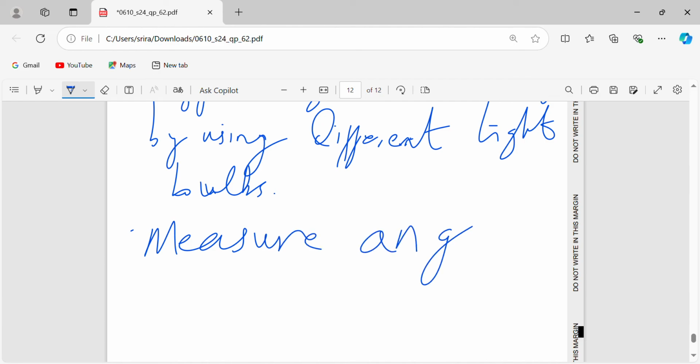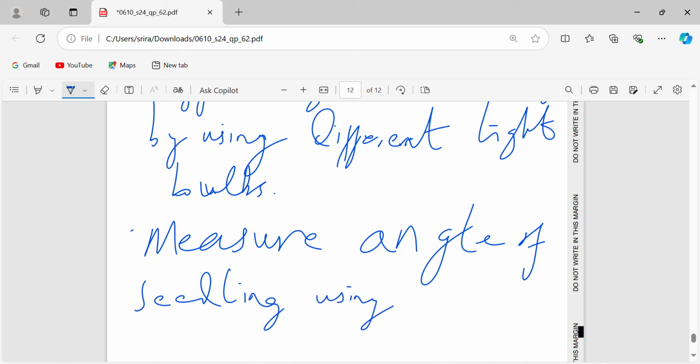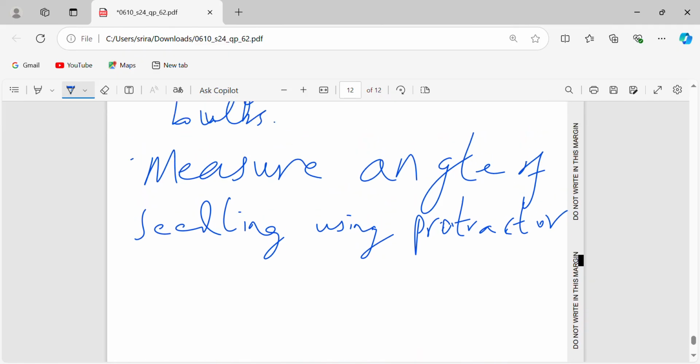Angle of the seedling. We can't just say angle. Measure angle of seedling using protractor. Oh god, almost out of space.